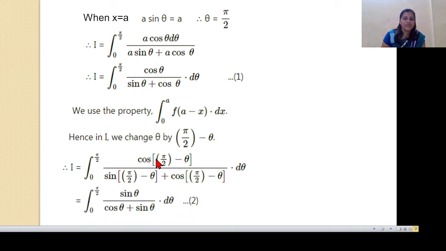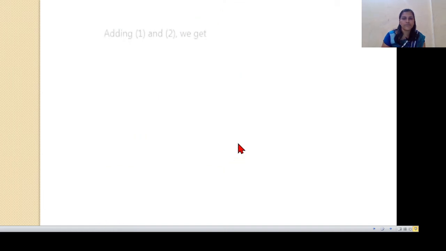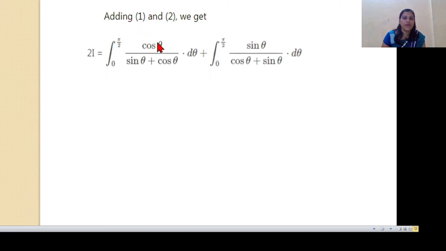So after taking the value of cos of pi by 2 minus theta as sin theta, similarly here also sin theta, and for sin of pi by 2 minus theta, the value will appear as cos theta, and we call this equation 2. Then in the next step, we are going to add equation number 1 and 2.